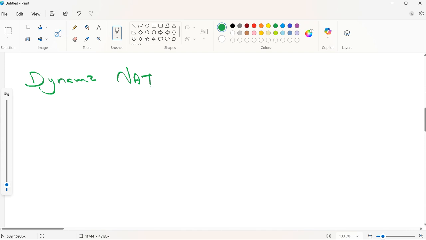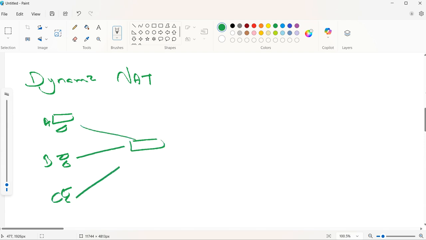Dynamic NAT is where you have many computers, all of them connected to a router via a switch. Now what you do here is create a pool of addresses.